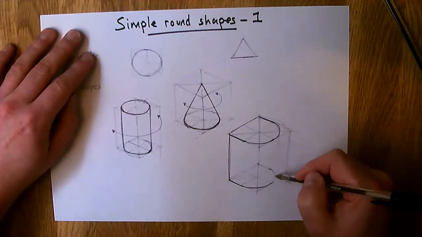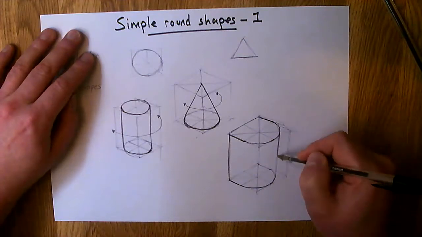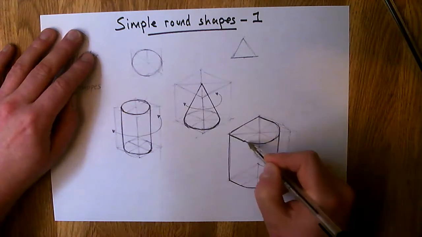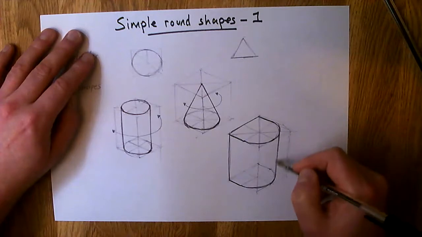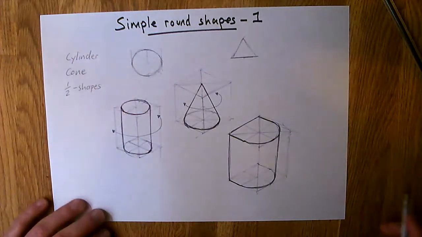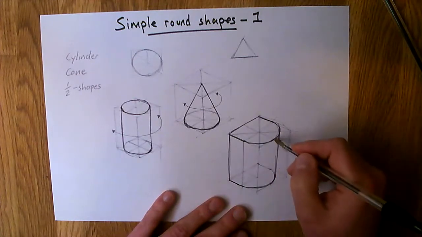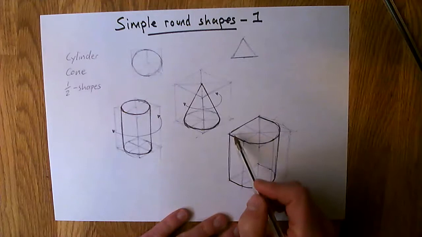Let's join those two edges up. Just like that. So in that case, we've drawn a half round shape. Okay, and what's also handy sometimes is if we leave these little construction lines in.